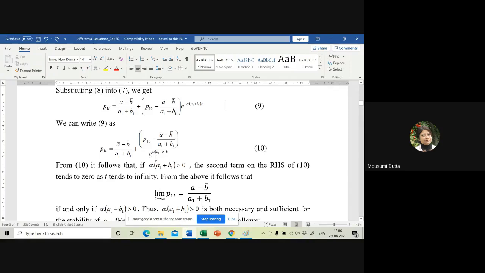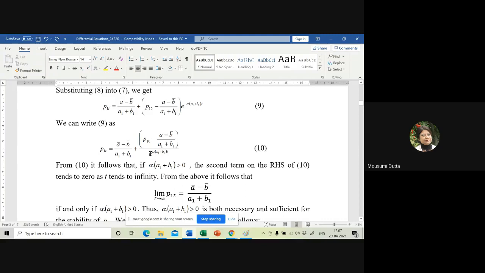So if the denominator of this entire expression moves towards infinity, the entire expression will move towards 0. If the denominator moves towards infinity, that means it is something by infinity. So the second expression will move towards 0. However, if alpha into A1 plus B1 is minus something, it will be 1 by e to the power something in the denominator.